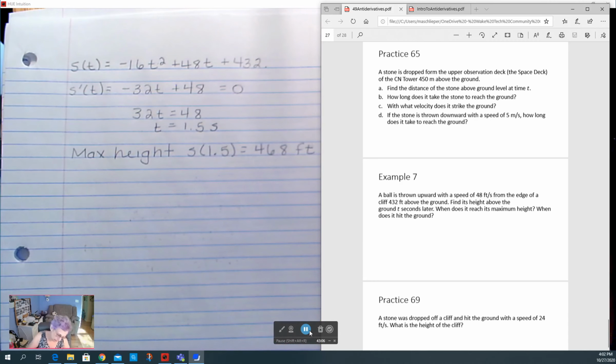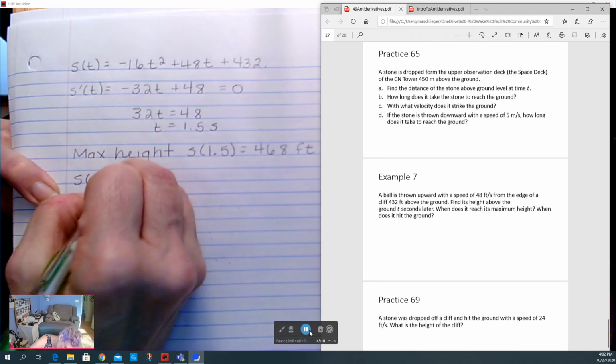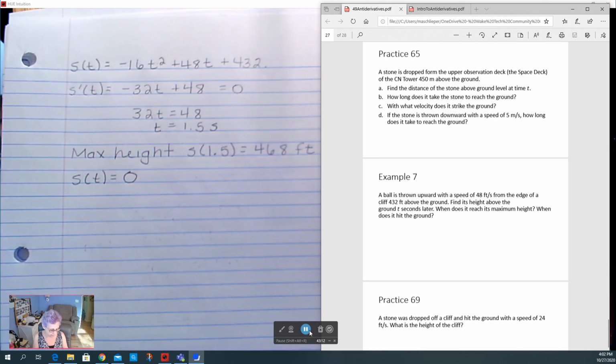And when does it hit the ground? It hits the ground when S of t is equal to 0. That, my friends, is a job for the PolySolve button. So negative 16, clear out the old stuff, 48, and 432.